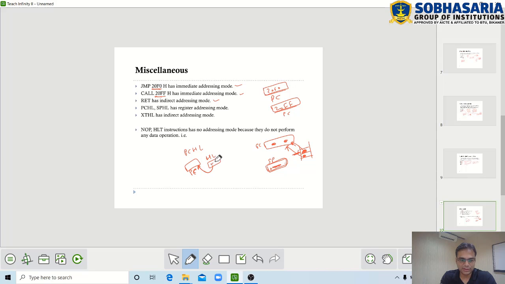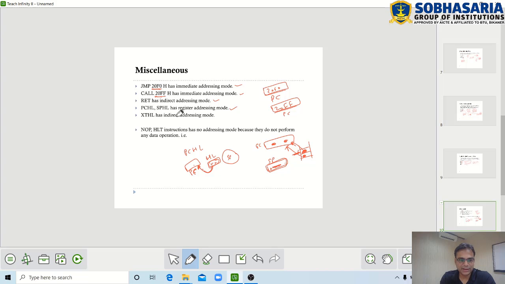So this is the particular data which is accessed by the CPU and loaded into a particular register. That is the reason why this is register addressing mode. Similarly, SPHL loads the data of HL into the stack pointer.